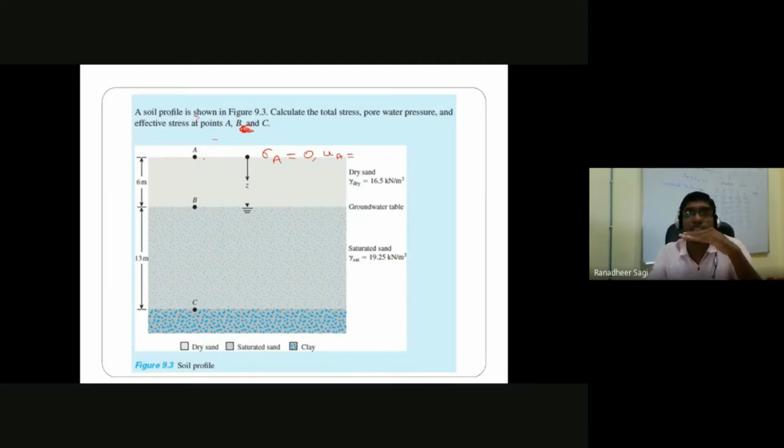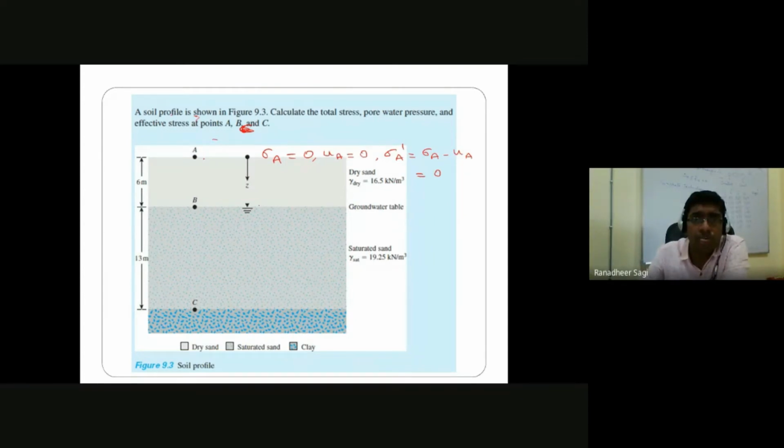The water table is at the position of point B. As the water table is below the position of point A, there will not be any pore water pressure at point A, so it is simply equal to 0. And the effective stress at point A is the total stress at point A minus the pore water pressure at point A, which is 0 minus 0, simply equal to 0.